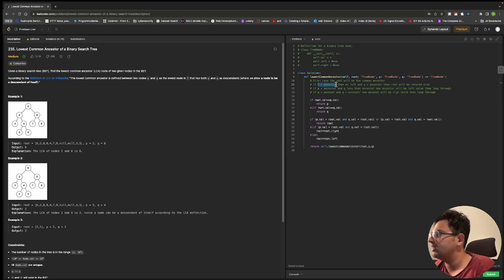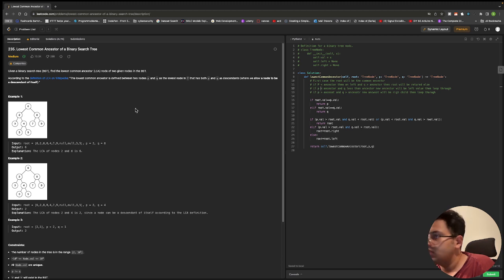P is less than the ancestor, on the left, and Q is greater than the ancestor, on the right. So then the root will be the returned value. In any case, you will find this pattern. How did I get this? It was simple, the definition itself of BST.